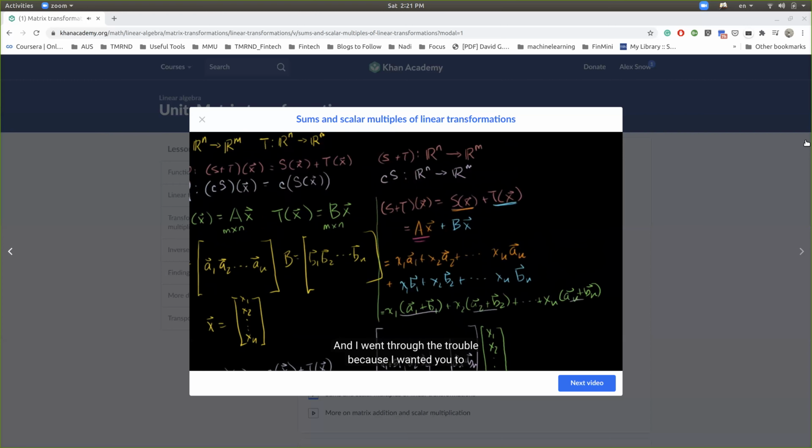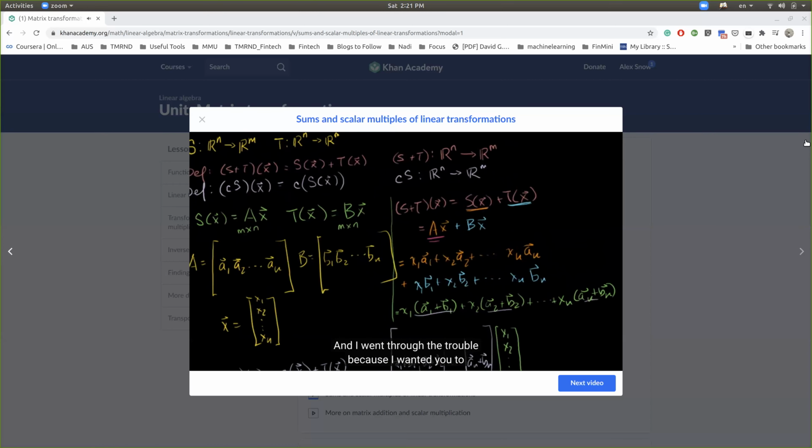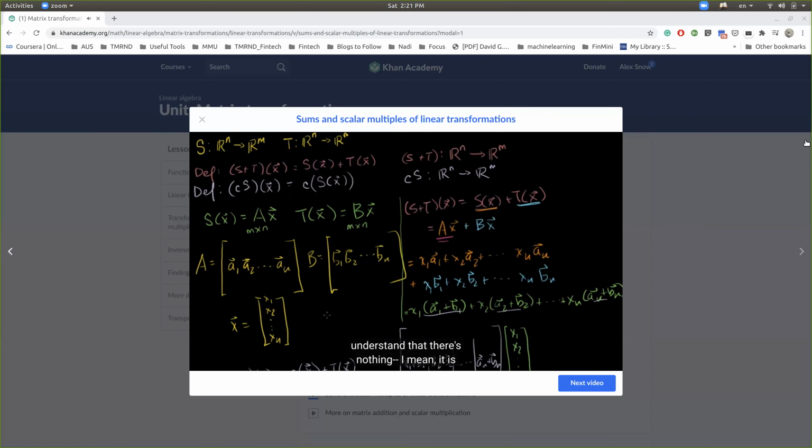I went through the trouble because I wanted you to understand that it is natural, but there's nothing about the universe that said matrices had to be defined this way: matrix addition, matrix scalar multiplication, or the addition of two transformations. The mathematical world has constructed it in this way because it seems to have nice properties that are useful. And that's what I've done in this video.